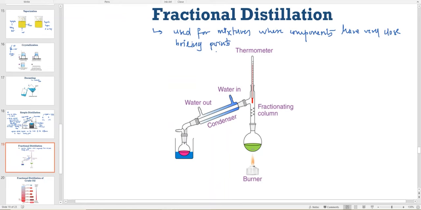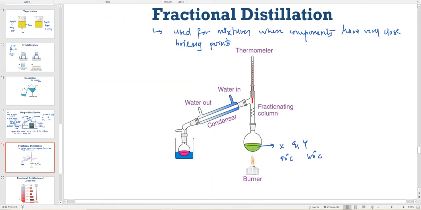So how does it work? Let's discuss that. Let's say I have a mixture of two things, X and Y. Let's say the boiling point of X was 80 degrees Celsius and the boiling point of Y was 100 degrees Celsius. So obviously X is going to evaporate first.